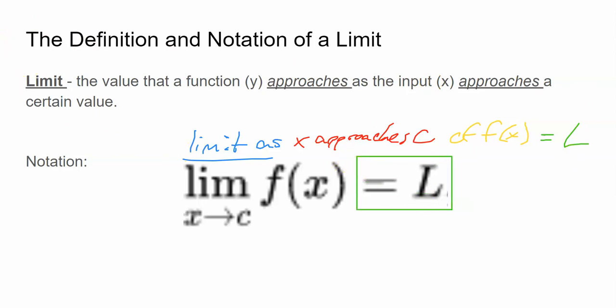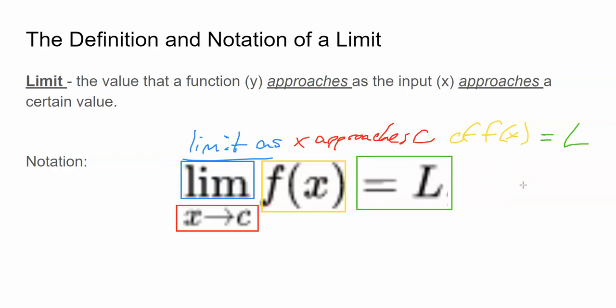Here's the equals L part. Here's the f of x part. Here's the x approaches c part. And finally, here's the limit part. So this is how we read the notation.